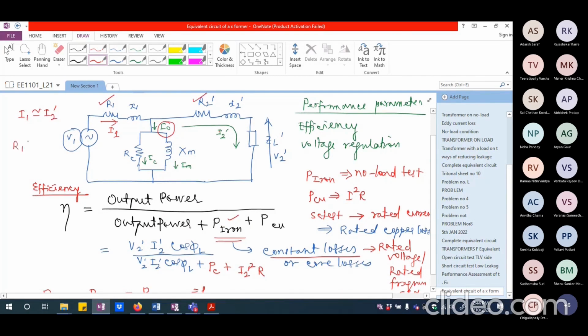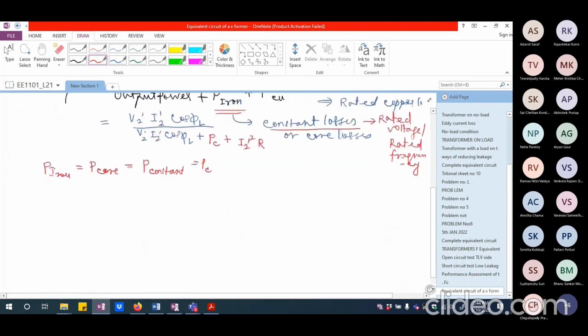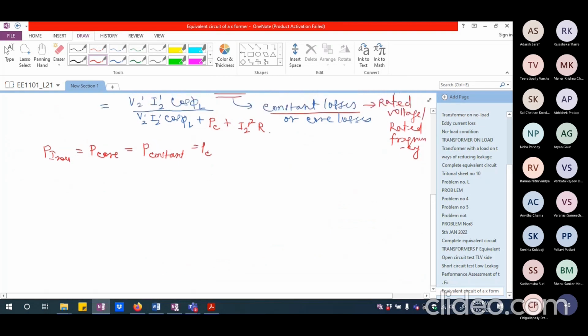So I may call R1 plus R2 dash the total resistance, R equivalent. Similarly, X1 plus X2 dash is the total leakage reactance, which I may call X equivalent. So I can simply say this is I2 dash square R equivalent. That is going to be the copper loss. So this is constant loss, whereas this is the copper loss.